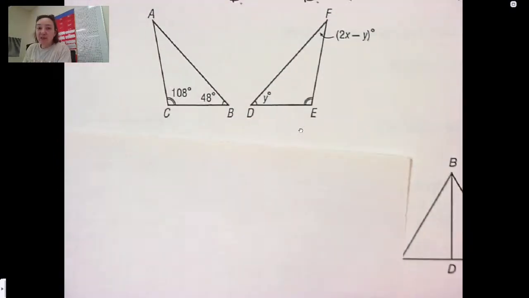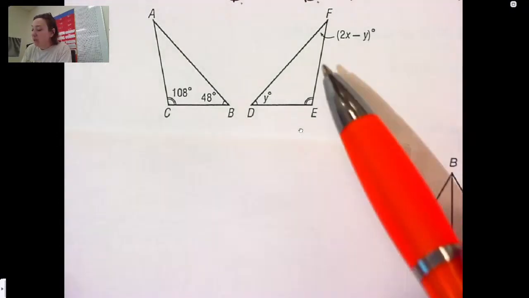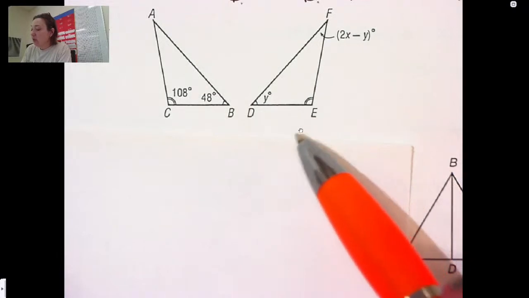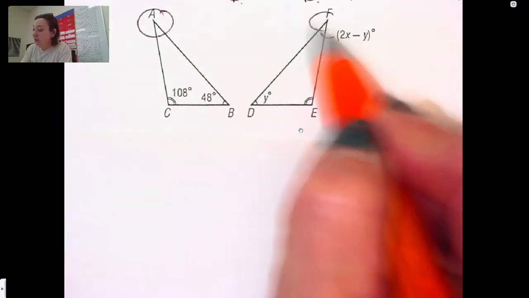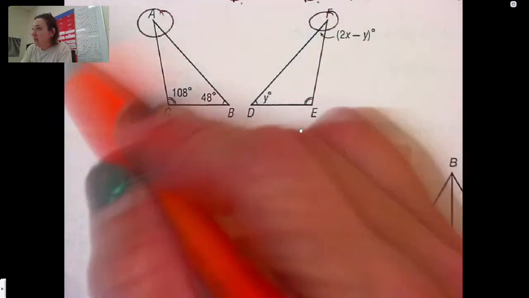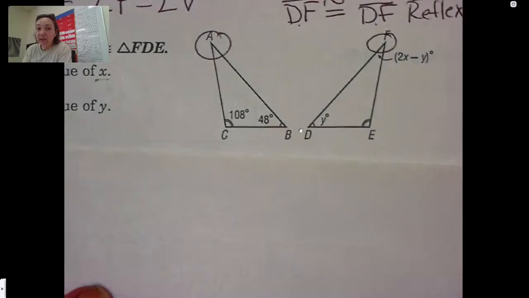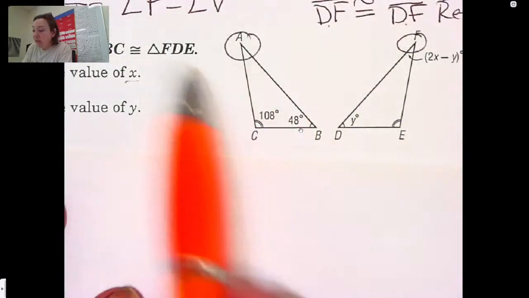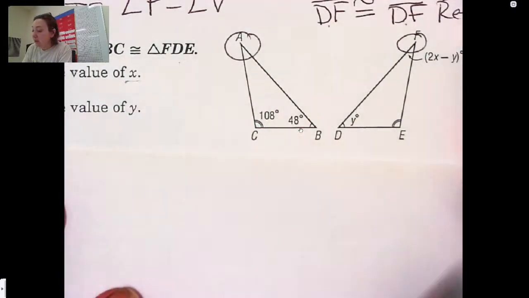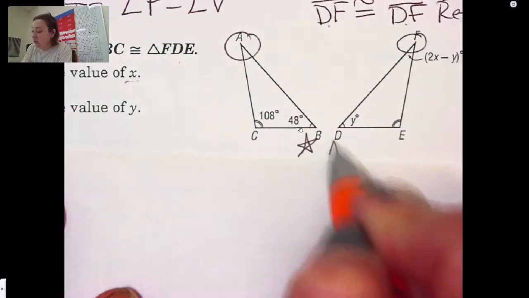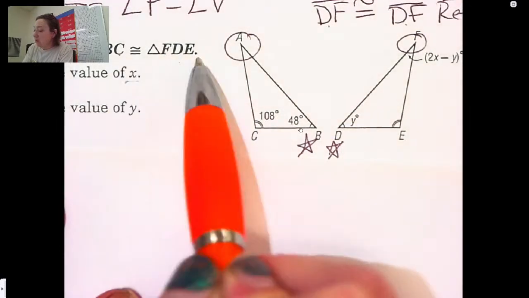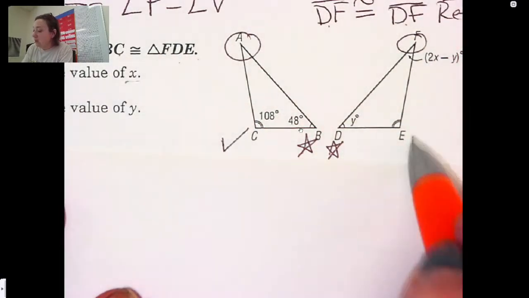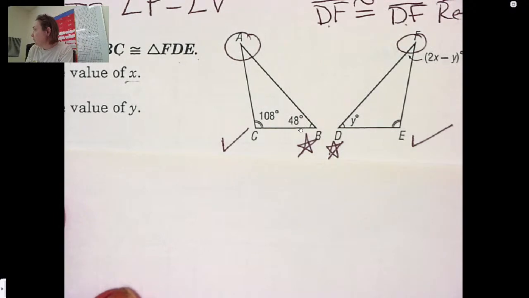They told us that triangle ABC is congruent to triangle FDE. That means A is congruent to F because A and F are in the same location, right? B is congruent to D. And then C is congruent to E because they're in the same location.